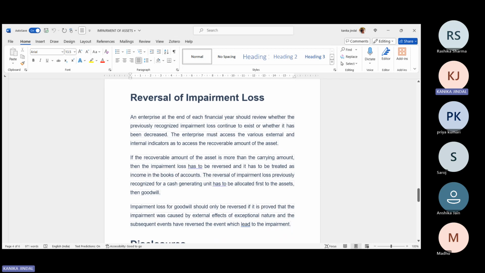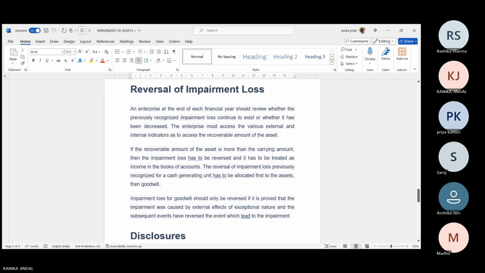An enterprise at the end of each financial year should review whether the previously recognized impairment loss continues to exist or whether it has been decreased. The enterprise must assess the various external and internal indicators. We have read about both the indicators to assess the recoverable amount of the asset.